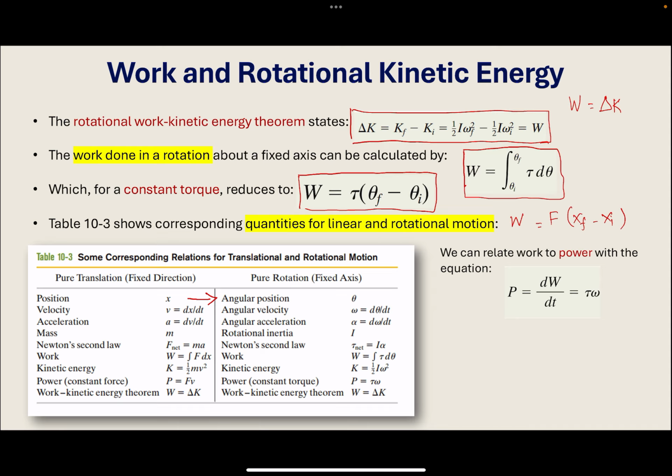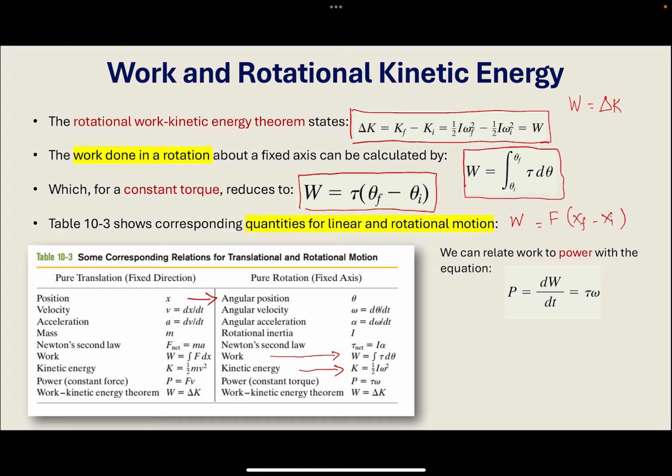Mass, moment of inertia. Force, torque, and work, this one, torque d theta. Kinetic energy, half I omega squared. Every linear motion equation has a rotational equivalent. That is the beauty of classical mechanics.